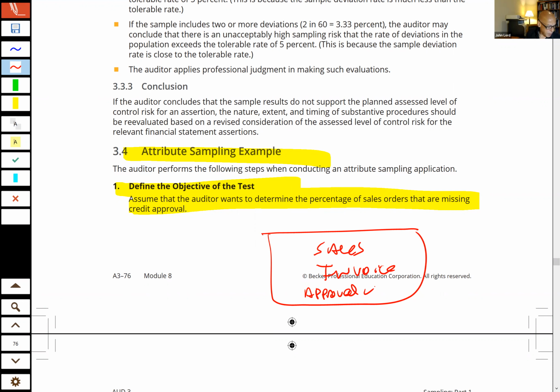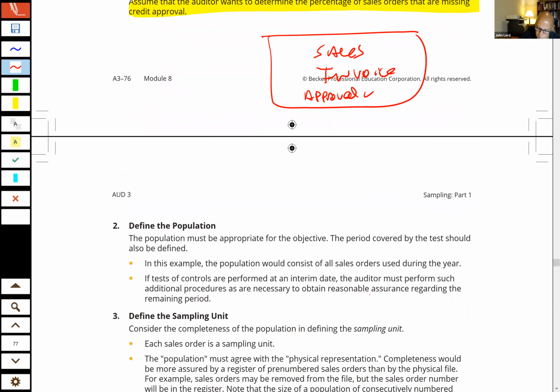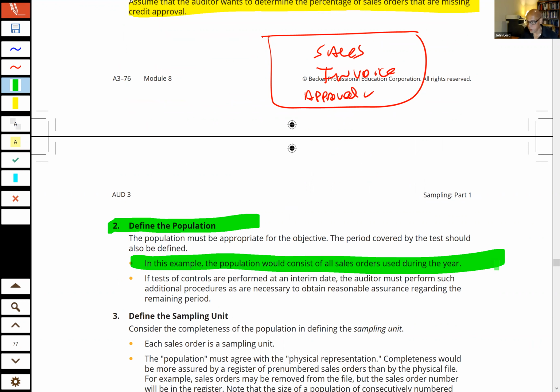Okay, good. Now we take a look, and they tell us that when we define the population, in this example the population would be all sales orders used during the year. You've got to have all of them available for testing.